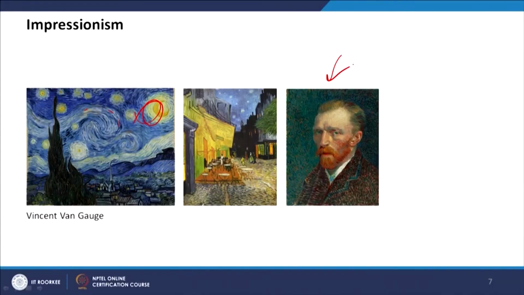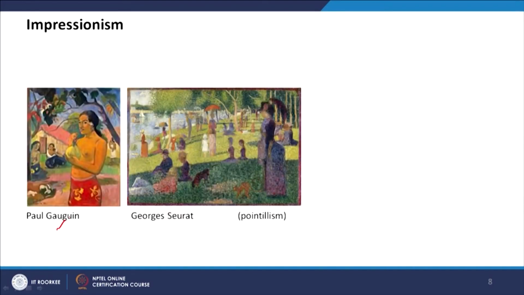So this is Van Gogh's self-portrait, and here also we can see contrasting colors, which are opposite in the color wheel. Orange and blue are juxtaposed, so together we can see a very shimmery effect of the portrait, and together we can perceive the face of the painter. Other painters in Impressionism are Paul Gauguin and Georges Seurat, and this is also called pointillism, where instead of applying the impasto technique, there are different points of color.